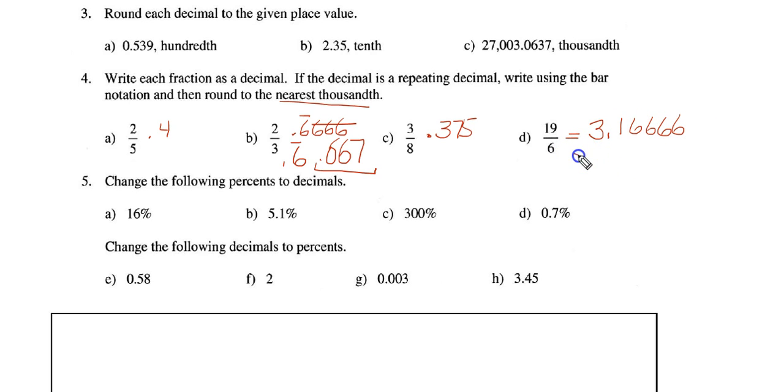So again, a way to write that would be 3.16 repeating, or 3.1667 would be a good way to do that. All right, let me pause and check our answers to be sure I'm giving you good information.